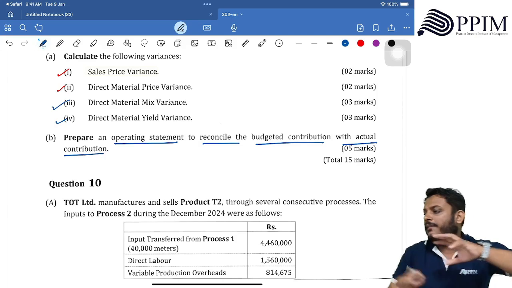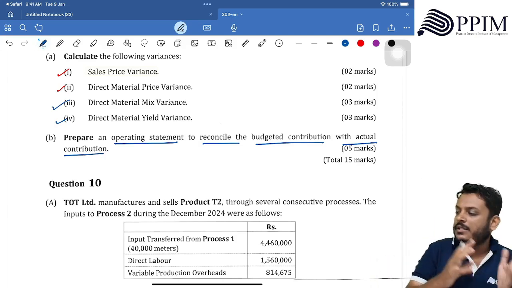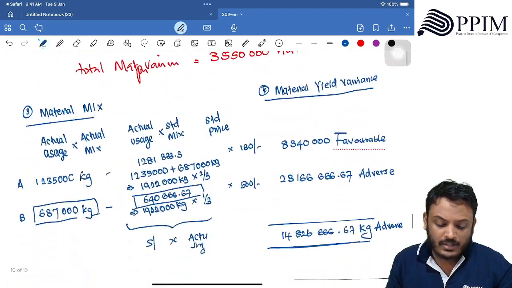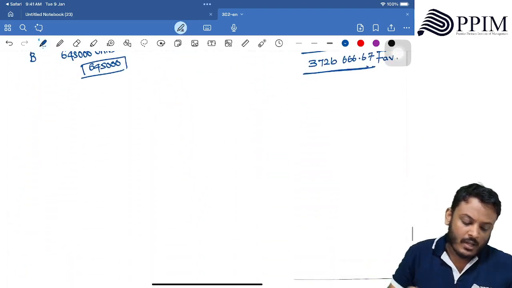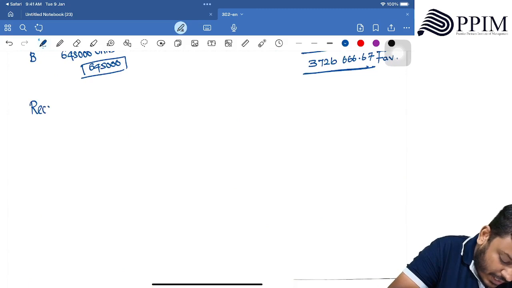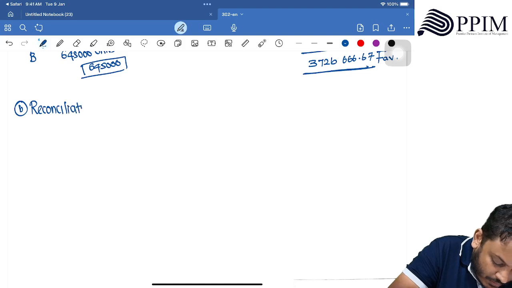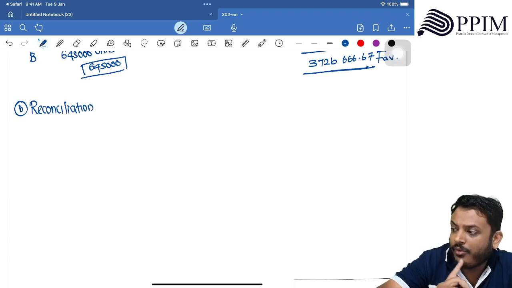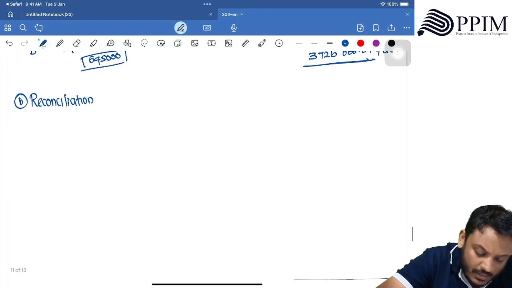See, the variance is the difference between budget and the actual. So now they ask us to prepare the reconciliation statement. So write it down. Reconciliation statement, part B. These questions are repeatedly tested. Therefore, try to understand the format, how we are doing it.